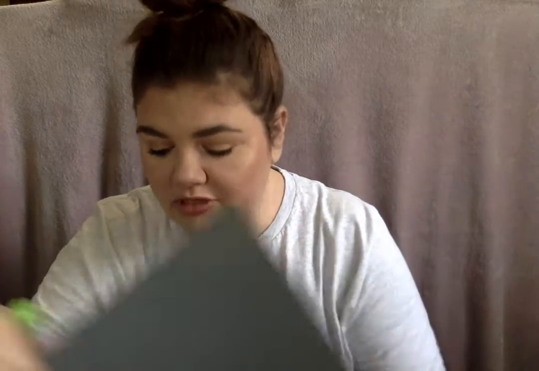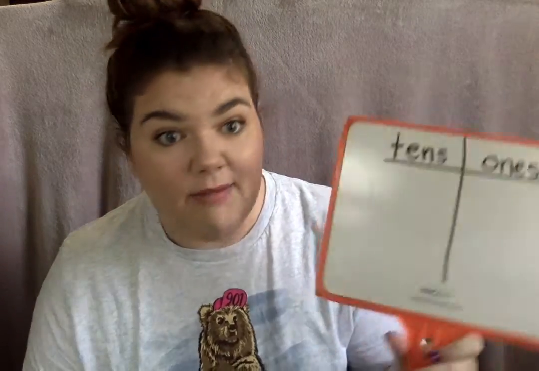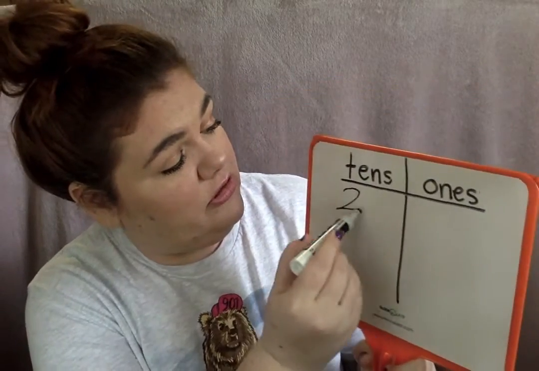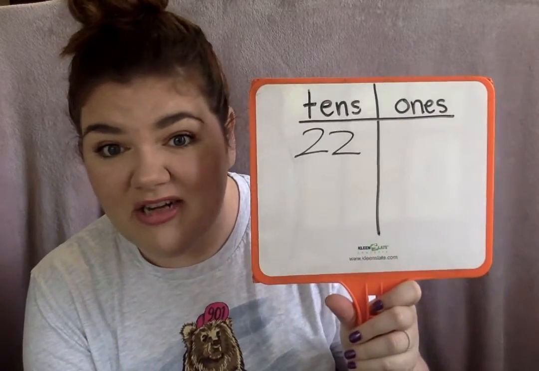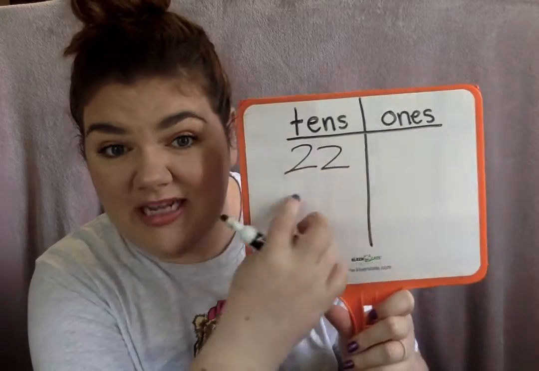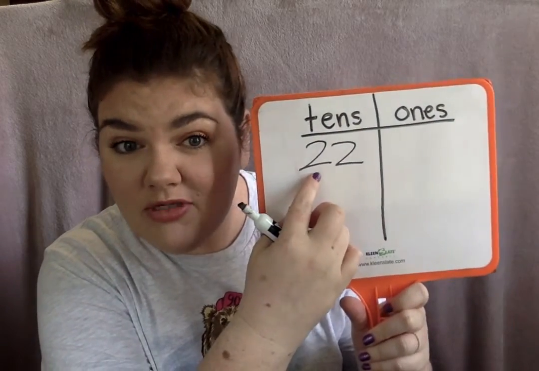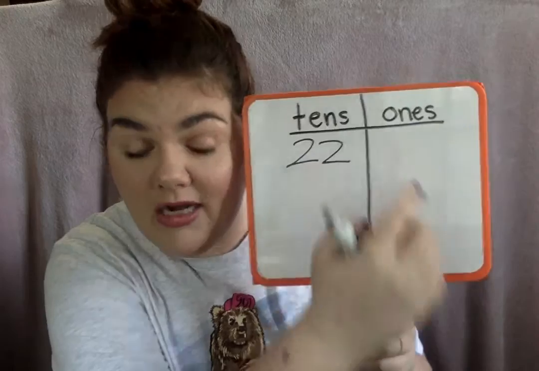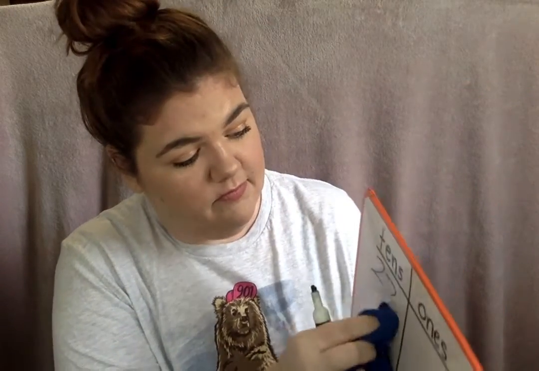22. So I'm going to grab my marker, and I'm not going to put 22 right here because that's not how we put our tens and ones. One number is going to go in the tens and one number is going to go in the ones.